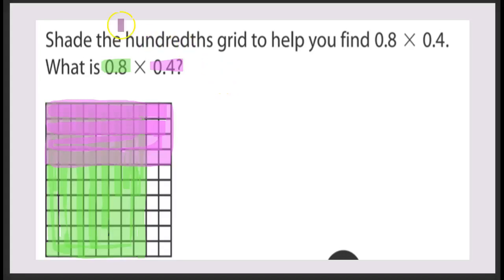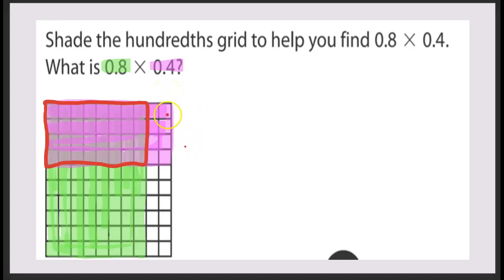So now, when we are looking at this, we want to know the area in which they overlap. So we will have this area outlined in red. That is our product to this problem.